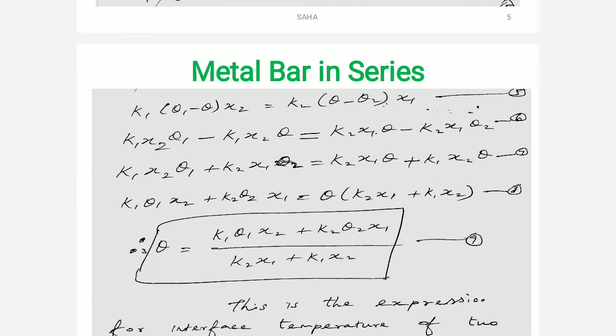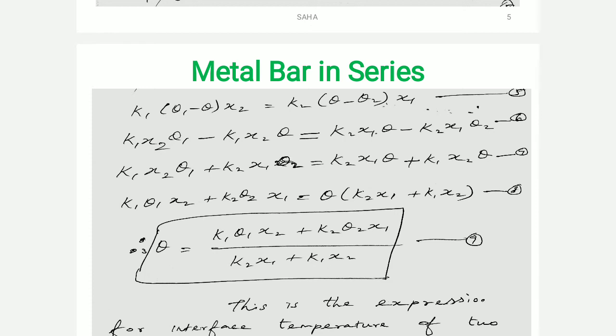So K1 x2 theta 1 minus K1 x2 theta is equal to K2 x1 theta minus K2 x1 theta 2. Equation number 6. Next, in equation number 6, I am going to move the minus value to the opposite side. The minus value on the left side moves to the right side, and the minus value on the right side moves to the left side. Then it becomes positive.